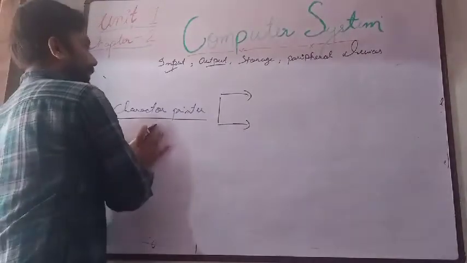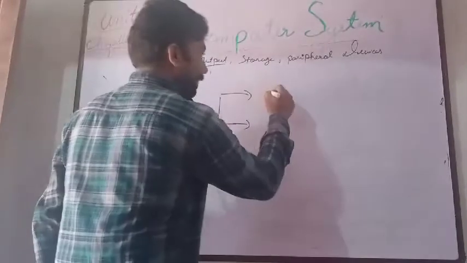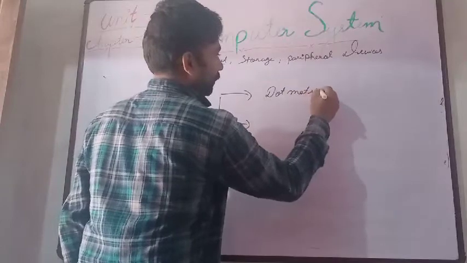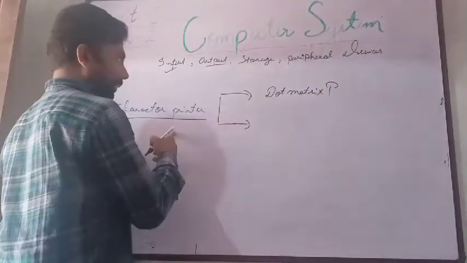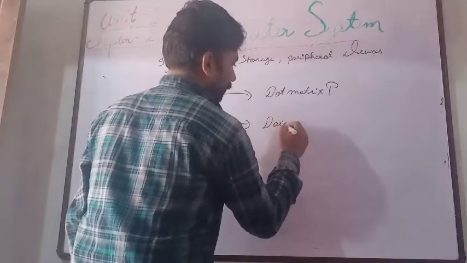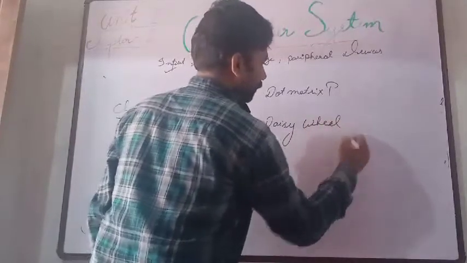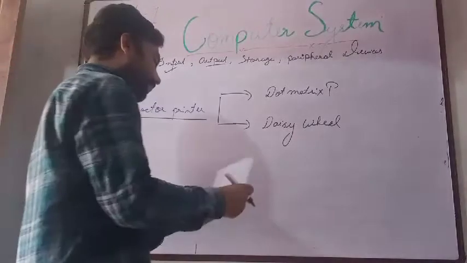In the character printer, there is the dot matrix printer and the daisy wheel printer.